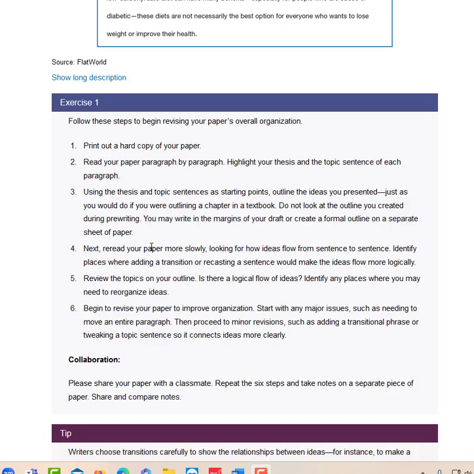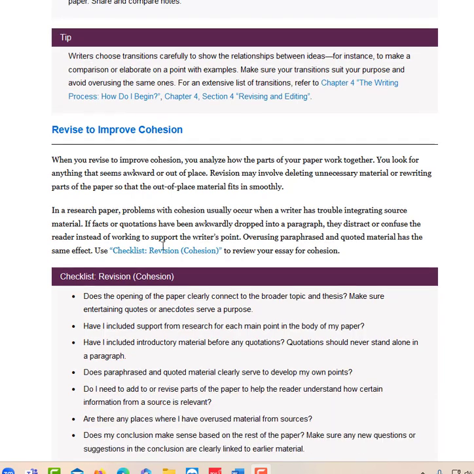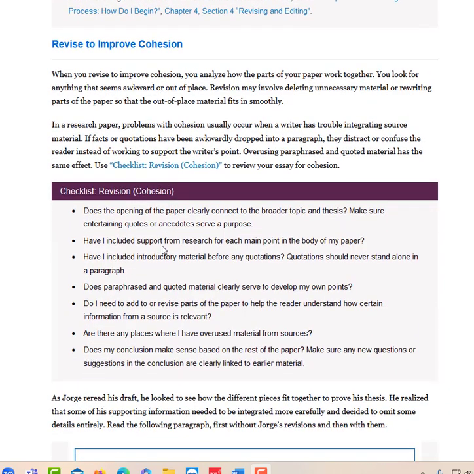Begin to revise your paper to improve organization. Start with any major issues, such as needing to move an entire paragraph, then proceed to minor revisions, such as adding a transitional phrase or tweaking a topic. You can also have someone else look at your paper to help you find mistakes.